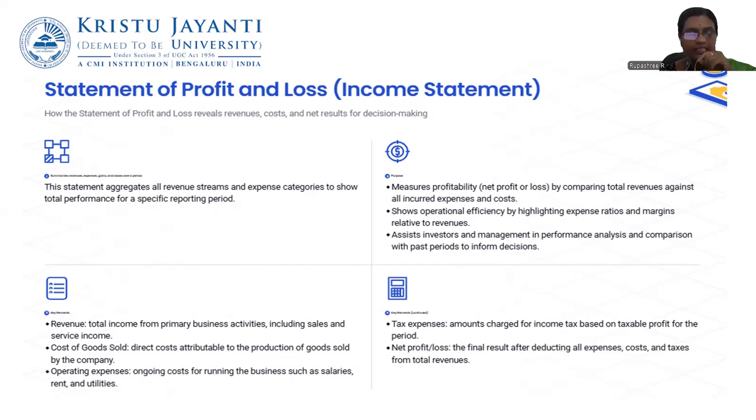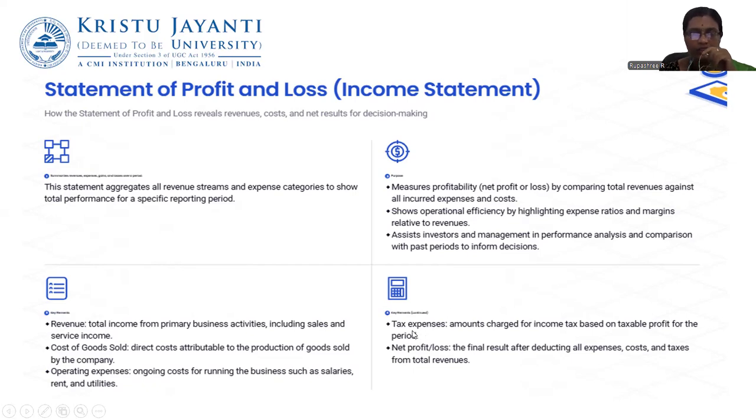Third thing that we analyze is the operating expenses, which is an ongoing cost, which will increase or decrease depending upon the running capacity of the business or the operational capacity of a particular company or a bank, such as salaries, rent, utilities, etc., which tend to vary or fluctuate over a period of time.